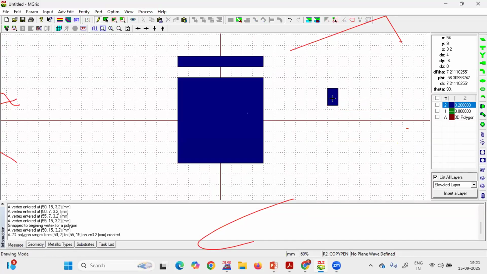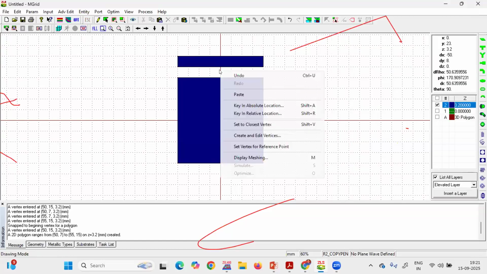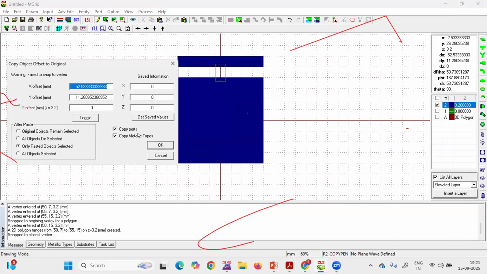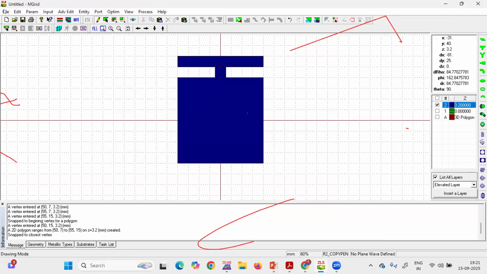But actually, in reality, we use a PIN diode or MEMS. I am using this small metallic path to connect these patches. Let me save it.